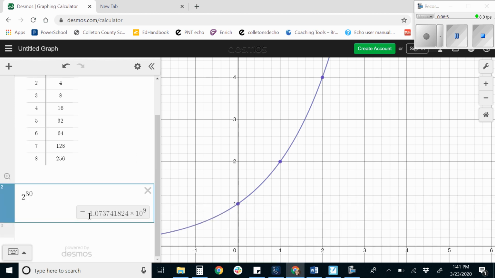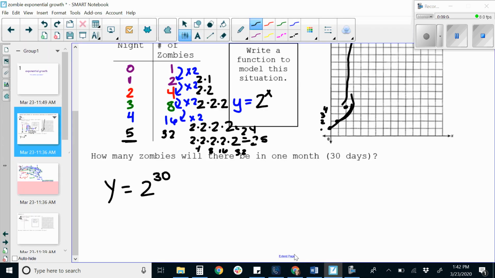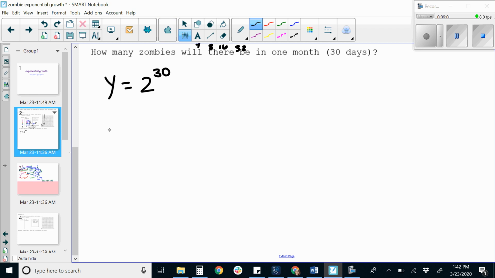Look at that number, 1.07 times 10 to the 9th. So let's look at that, 1.07 times 10 to the 9th. That means add 9 zeros, or 9 decimal places. 1, 2, 3, 4, 5, 6, 7, 8, 9.